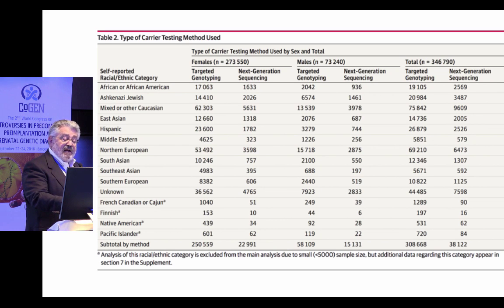So the total for targeted genotyping was 308,000, and for next gen sequencing, 38,000. And you can see the last 4 ethnicities in the group, we excluded from analysis because the numbers were under about 5,000 individuals. But you can see for almost all of the other ethnicities, the numbers were quite robust.